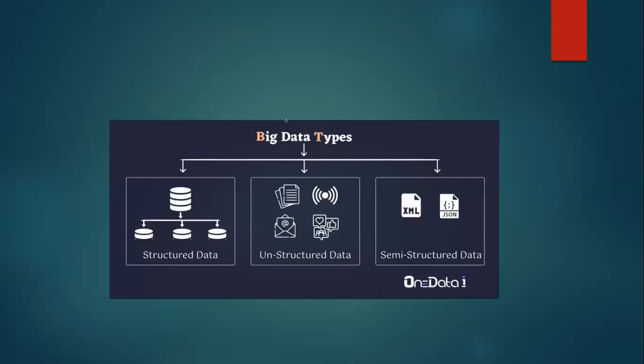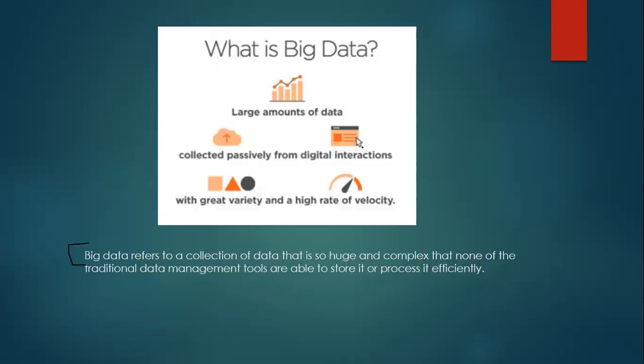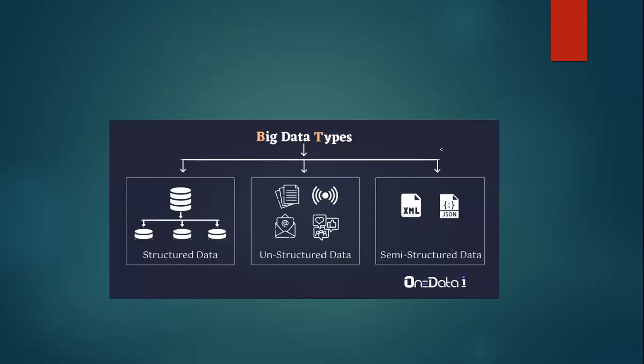So in big data, as we have seen about the variety of the data, we have three types of data here. One is structured data, another is unstructured data, and the third is semi-structured data.